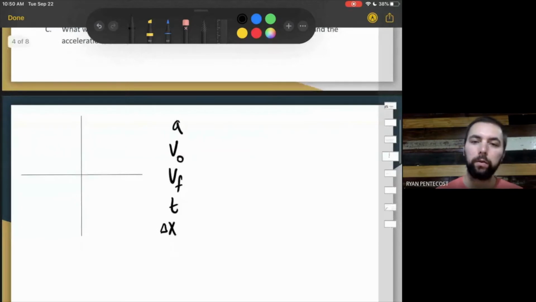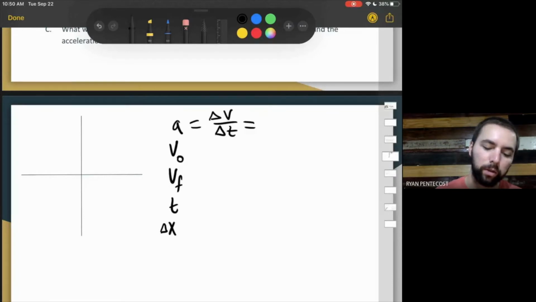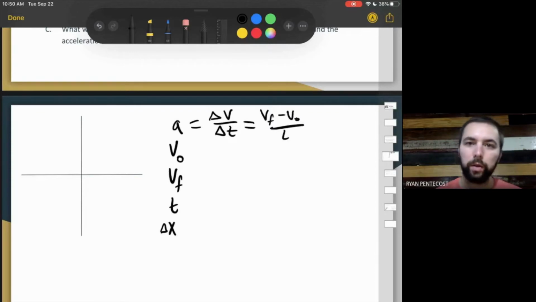Now, if we want to use those variables to solve an equation for acceleration, you could say that in general, acceleration is delta v over delta t, which could be shown as vf minus v naught over the time it takes, right?